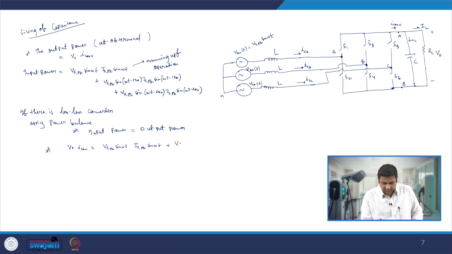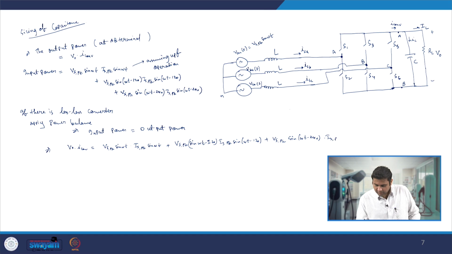plus Vs peak sin omega t minus 120 times Is peak sin omega t minus 120, plus Vs peak sin omega t minus 240 times Is peak sin omega t minus 240.